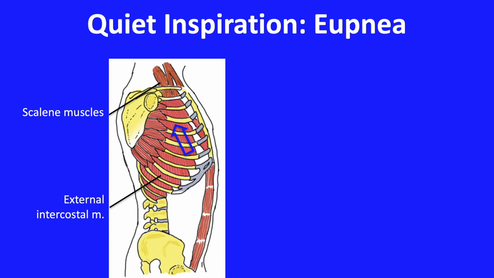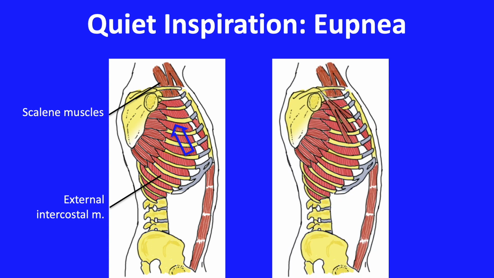Indeed, in pregnant women, any muscle that is attached to the ribs and can aid in the raising of the ribs will help in respiration. Here, for example, we show the pectoralis minor helping with respiration, and the serratus anterior muscle also helping with respiration.